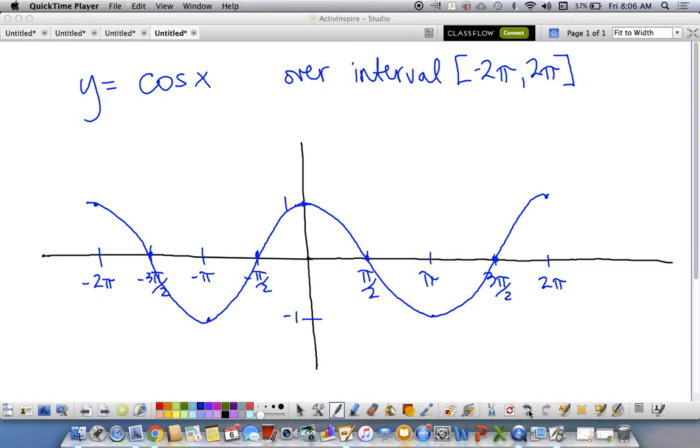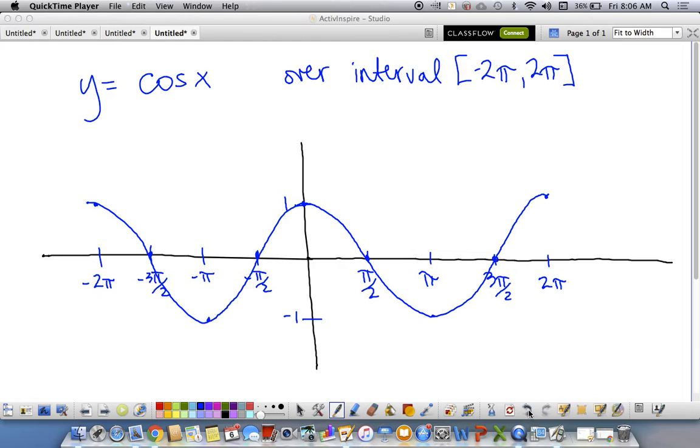All right, so can I ask you another question? I think we asked this one yesterday about the sine graph. Is this cosine graph symmetric about the origin like the sine graph was? If you flip it over, it's not like the sine graph.